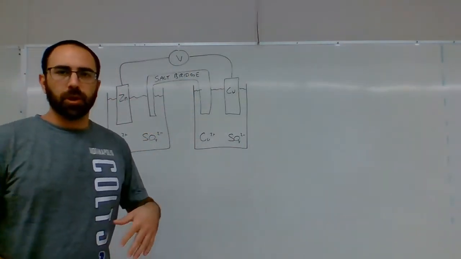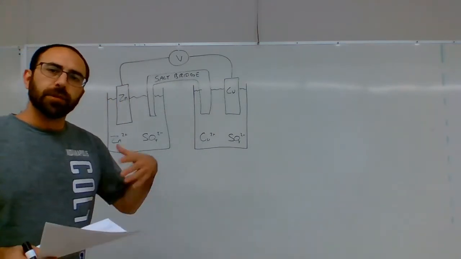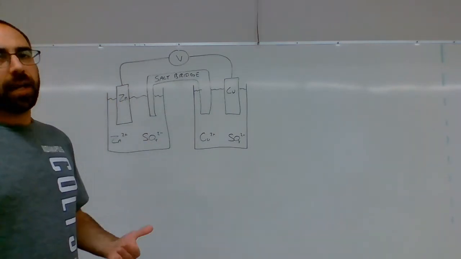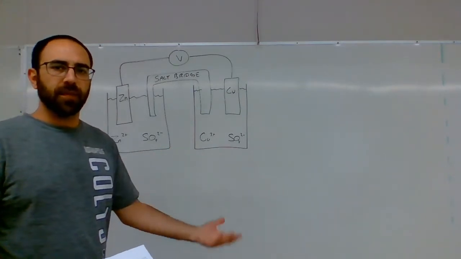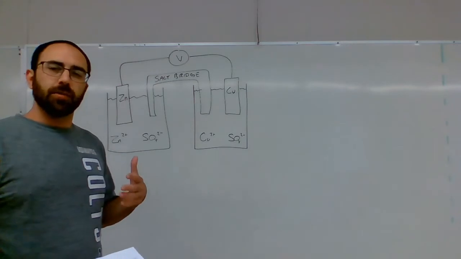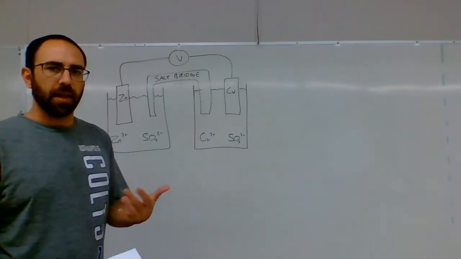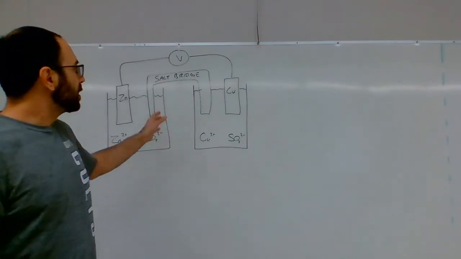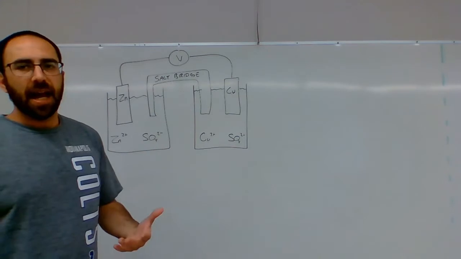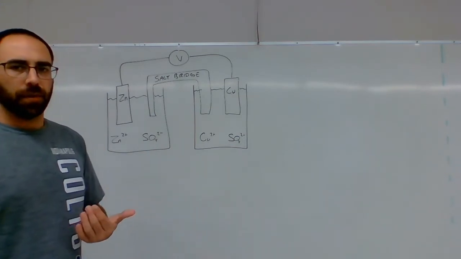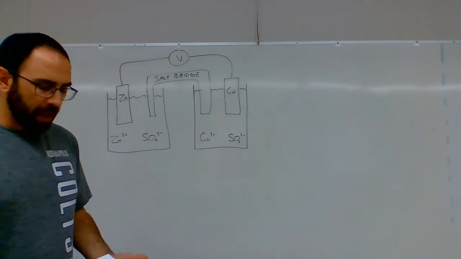Two other pieces that we have here: we have this salt bridge. We're going to talk about ions transferring back and forth in there as well, but essentially, if electrons are going to be flowing, we would end up with one side being very positive and one side being very negative. Eventually, if it's too negative, we wouldn't have those electrons flowing anyway, since they would be repelled by that negative charge. So this salt bridge allows anions and cations to transfer back and forth to balance out those charges as the electrons flow.